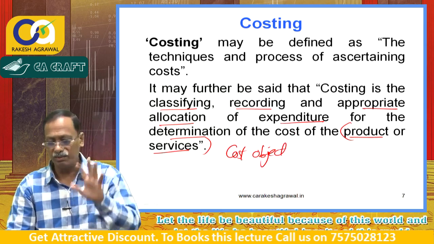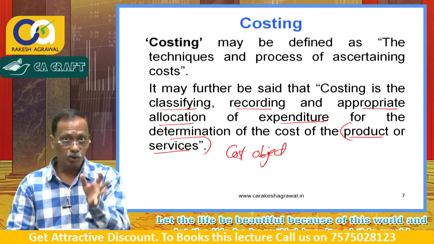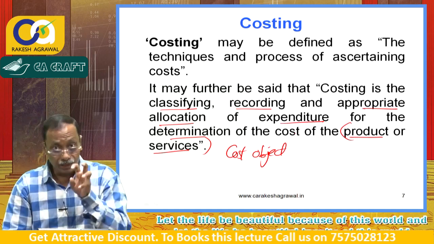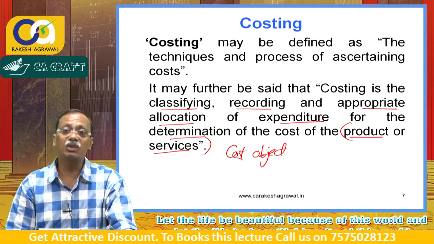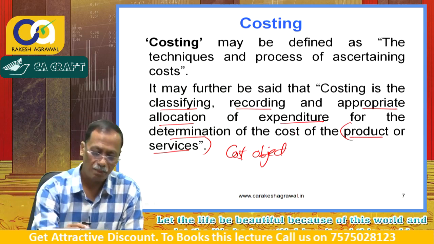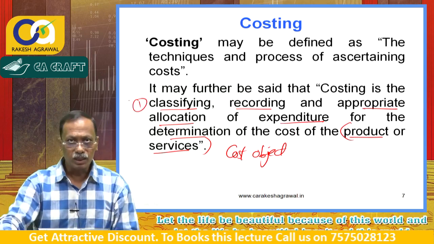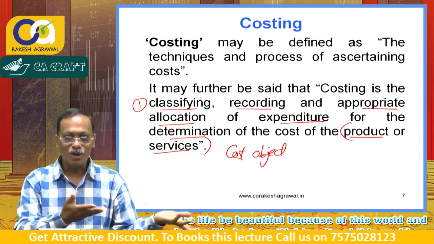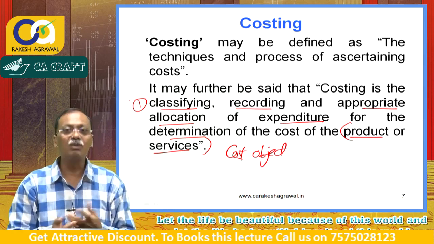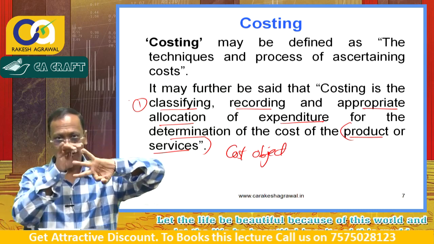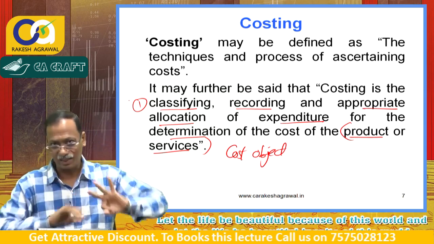A product or a service is our cost object. So we have to determine or ascertain the cost of the cost object. In the process of ascertaining this cost, there are three steps. One, you have to first classify the cost. I think that is what we did just now. Before this definition of costing, we classified the entire cost in first three parts: material, labor and expenses, correct?